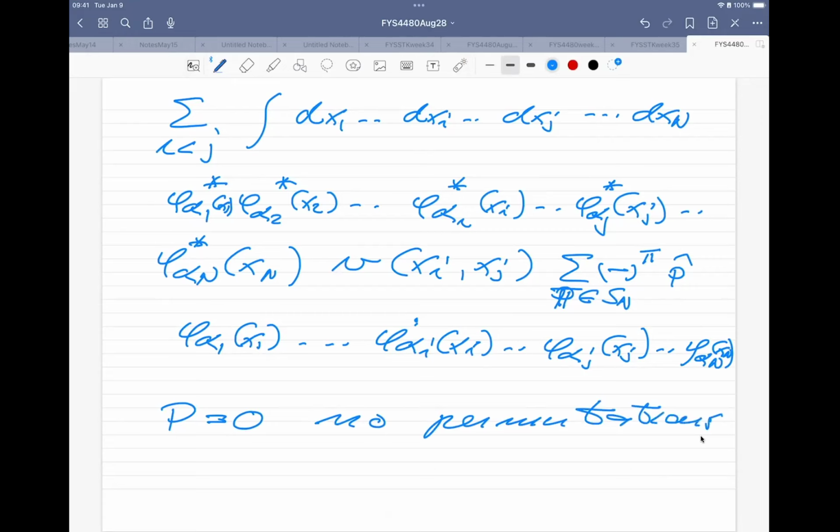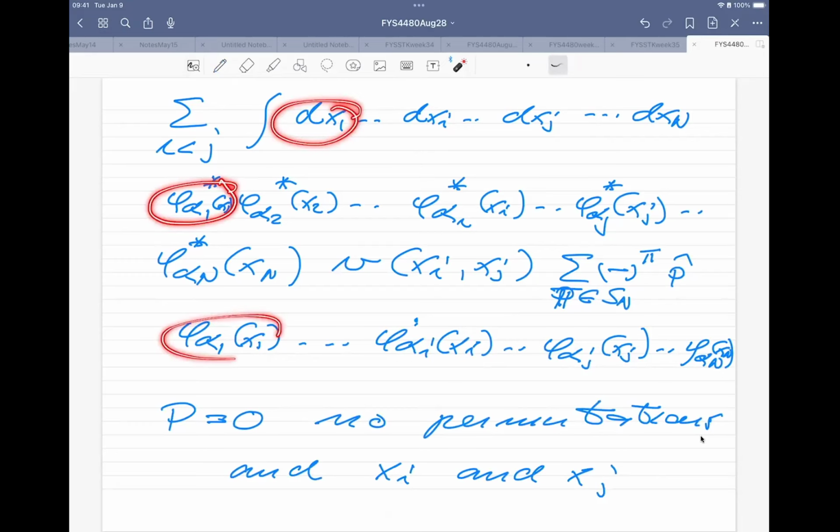And I'm just going to look at an integral which involves xi and xj. So if I do that, that means that there will be integrals over dx1 with this one, and only that one, which will simply give us 1.